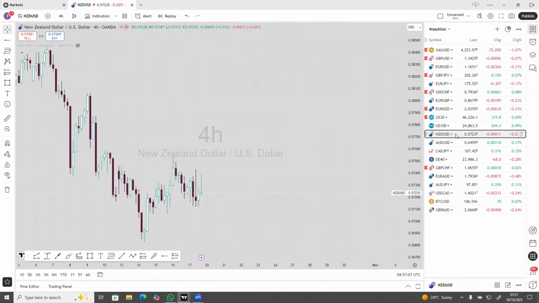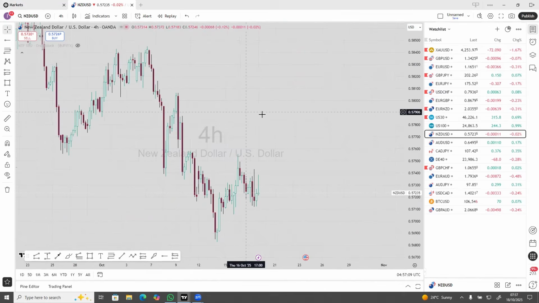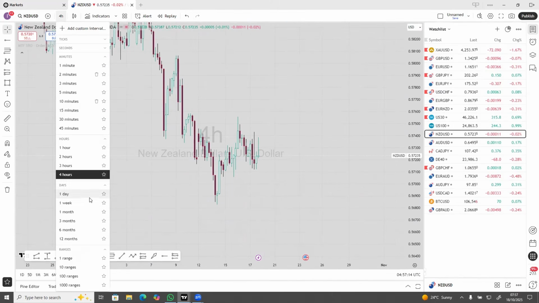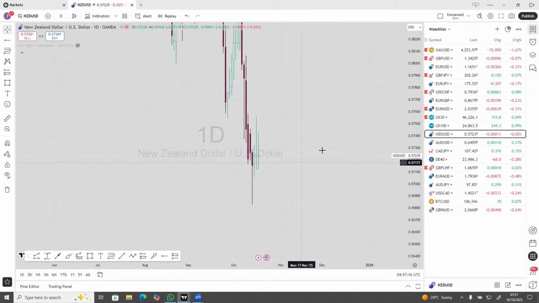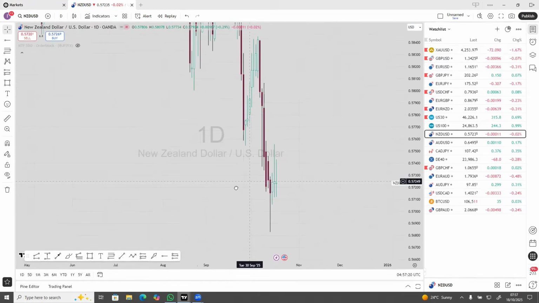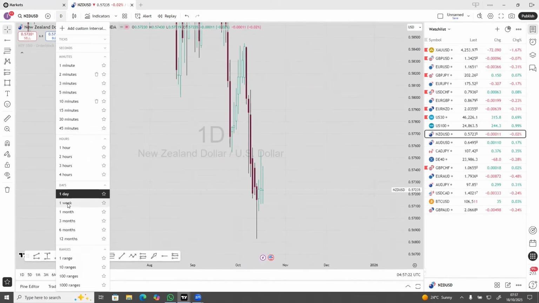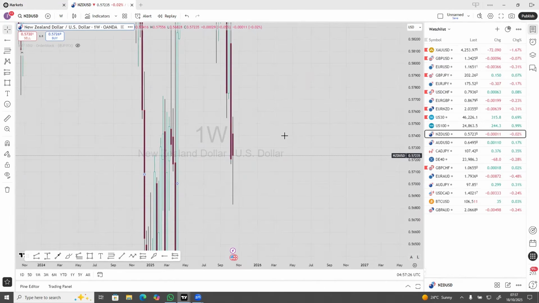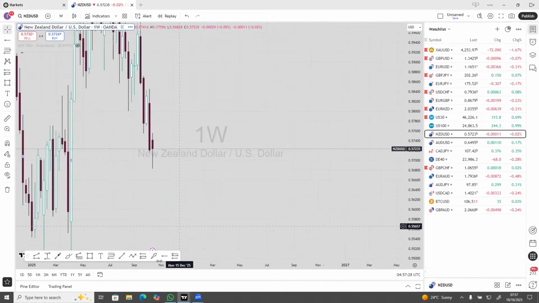Let's see NZD USD. It created a market structure like this on daily time frame. See, there is weekly consolidation. Let's see weekly. Okay, all right, very good. On weekly time frame, there is a CRT model created over here.